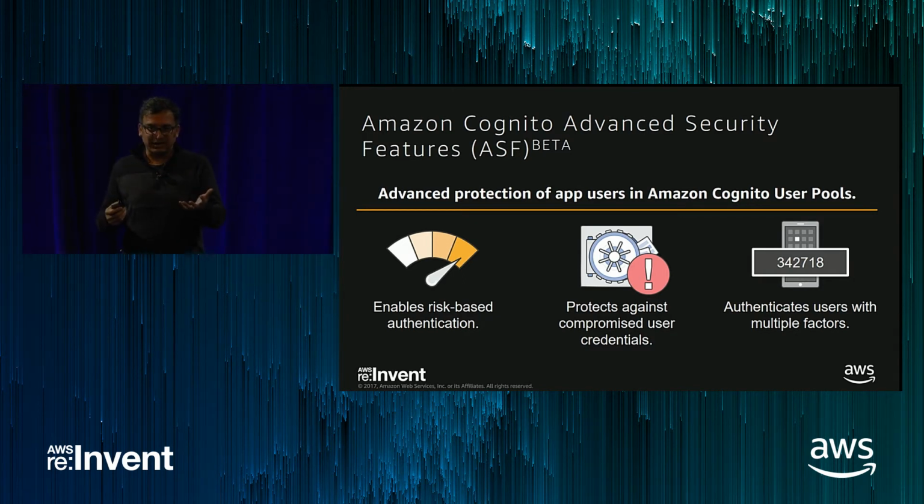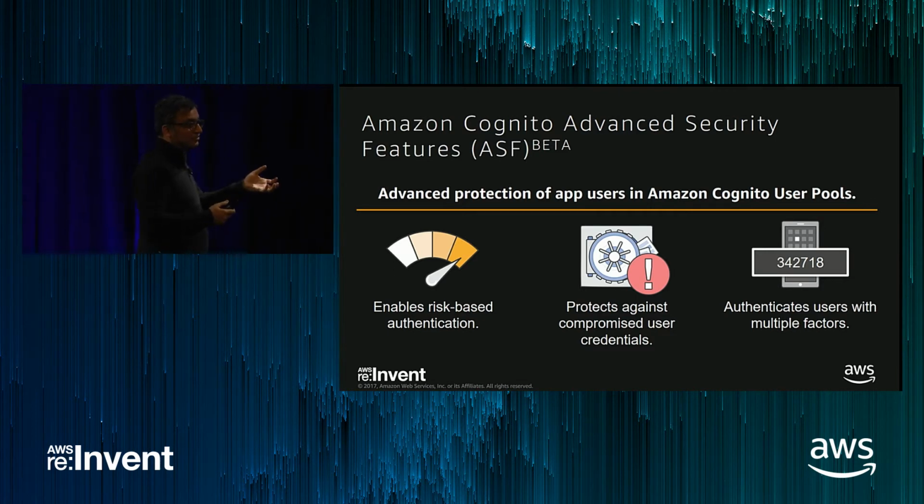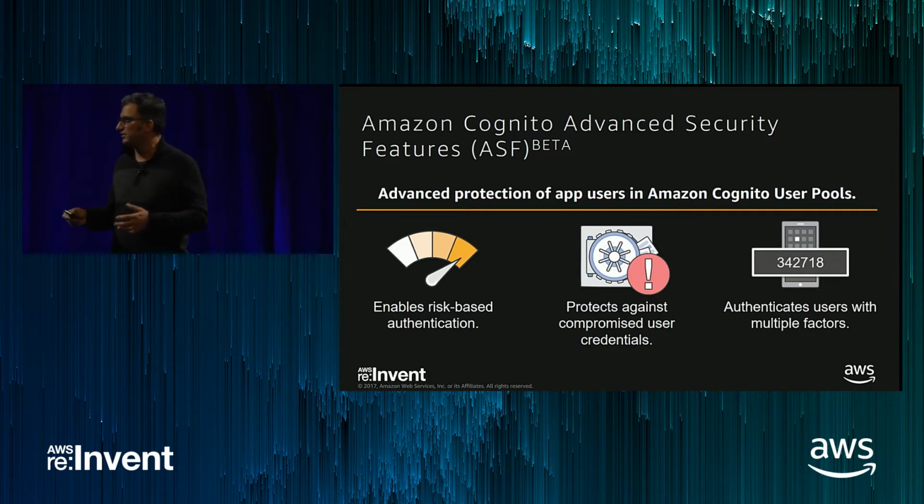So if you're building your application using Cognito, we will use that information. If those accounts are compromised and those customers are using your applications, we will protect your applications from getting compromised with those credentials. So we're taking all that data stream that we are getting from the internet about compromised accounts, and we're making that available to you for your applications.